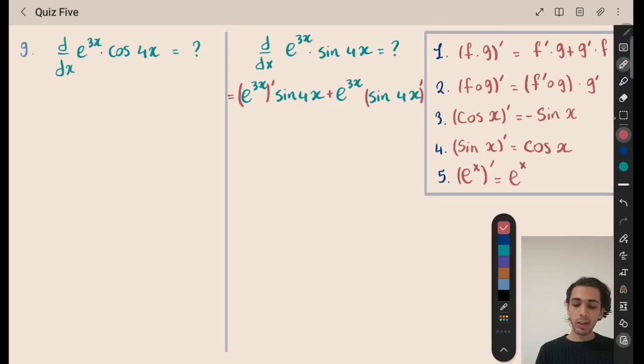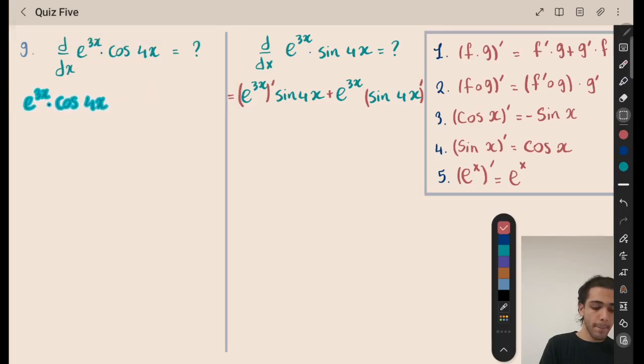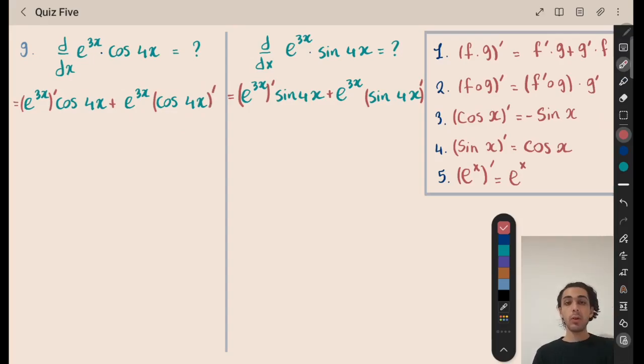And I can do the exact same thing for the other expression. So it's a product of two terms. I take the derivative of e to the 3x, and then I fix cosine of 4x, and then I do the opposite thing. So I fix e to the 3x and I take the derivative of cosine of 4x.